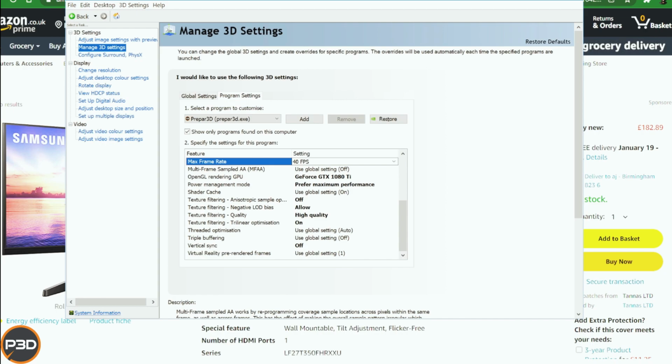So I ask it to do it at 40. Now, the way the sim is set up now in P3D is it will always achieve the highest it can. No matter what setting you put it at, it will always strive to get the highest. So it'll basically go to its maximum, and then the rest of your PC goes towards rendering and loading and calculating the rest of the sim.